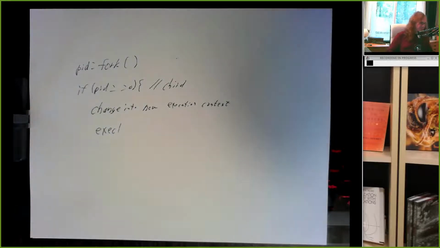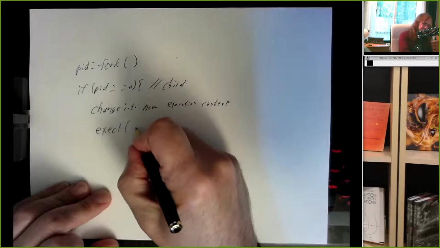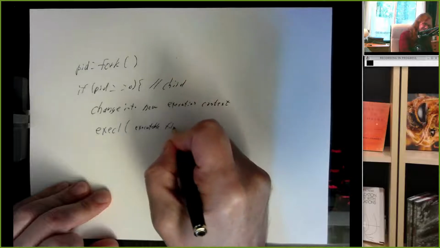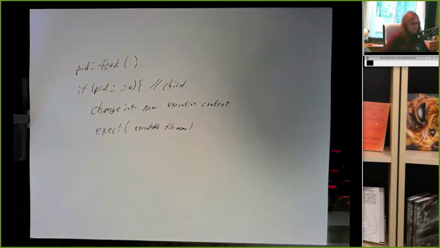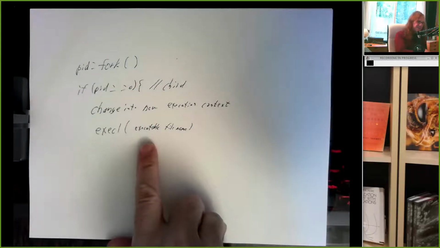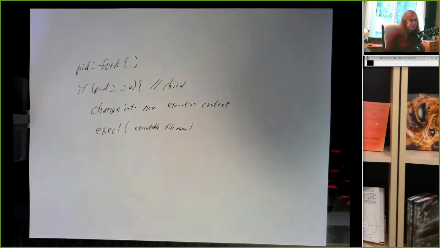And execl basically takes an executable file name. And so after I've made myself an exact copy of my parent, now I change myself to be a process that is running some other program from my file system.